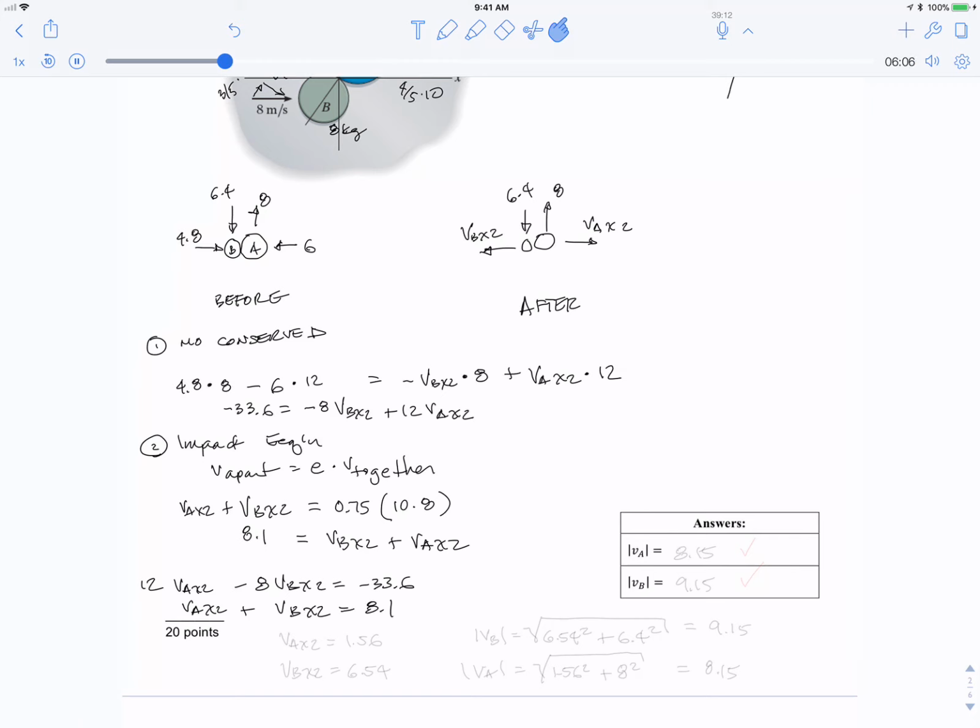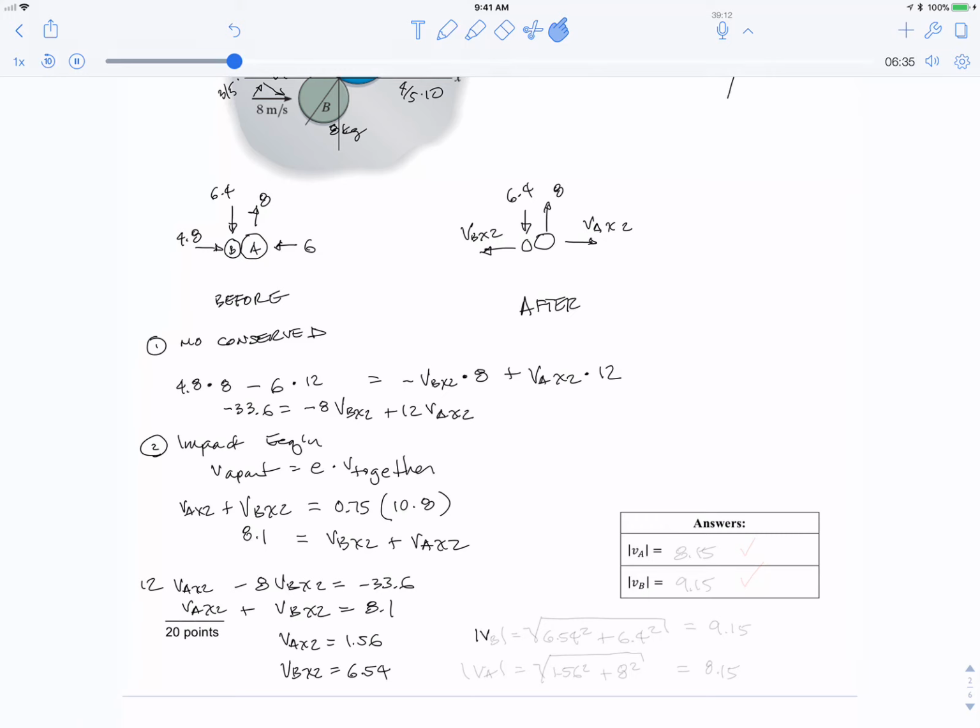I'm now going to solve that on my calculator, solving two simultaneous equations. I get VAX2 is 1.56 and VBX2 is 6.54.